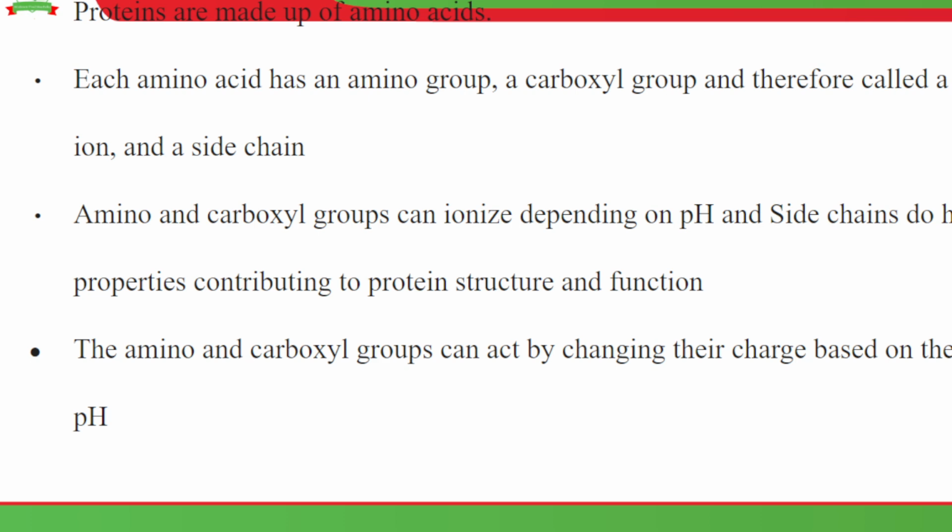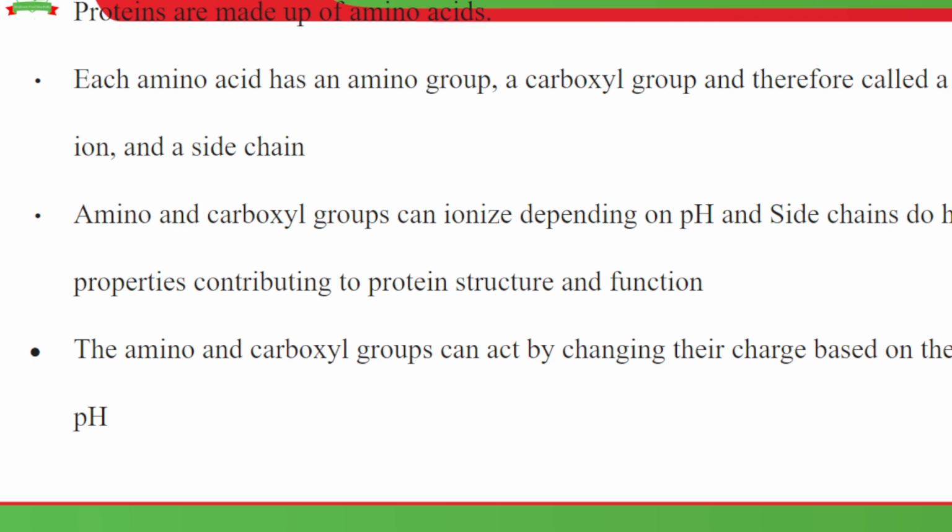Let's look at this. Proteins are made up of amino acids. We all know that. An amino acid has an amino group and a carboxyl group, and therefore it is called a zwitterion, and it also has a side chain. What's a zwitterion? It is a molecule that has an amino group and a carboxyl group that are equally charged.